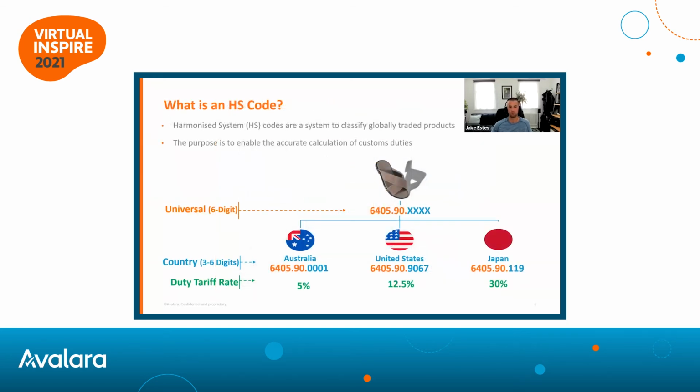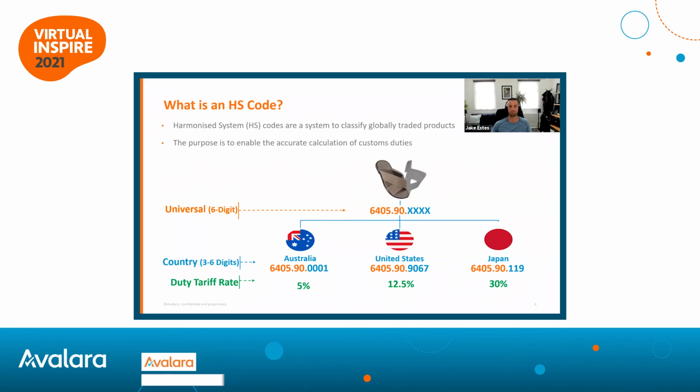To dive into a little more detail on HS codes, because I did talk about classification for the last few minutes, just to illustrate the issues that you're going to encounter: on its surface, HS classification can seem pretty straightforward. You have a standardized, harmonized system of codes internationally, but these are standardized to the first 6 digits.